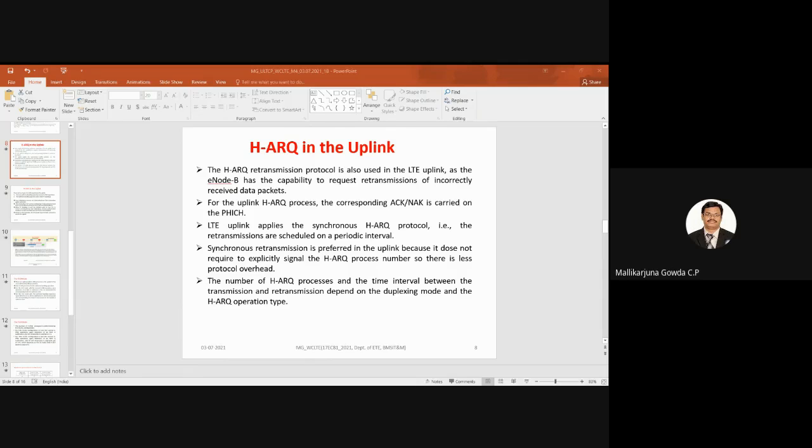In brief, it came in module 1, before adaptive modulation and coding, where I discussed the functionality of this protocol and how it helps here. If I spend another 10 minutes, I think I will be able to complete this, so let me take it up in the next class only.